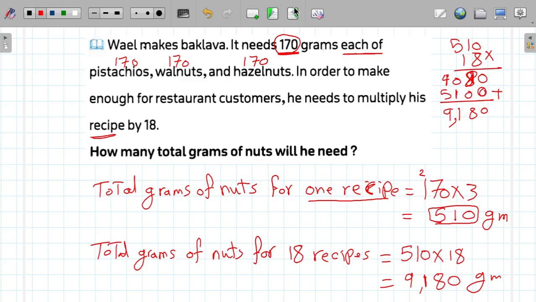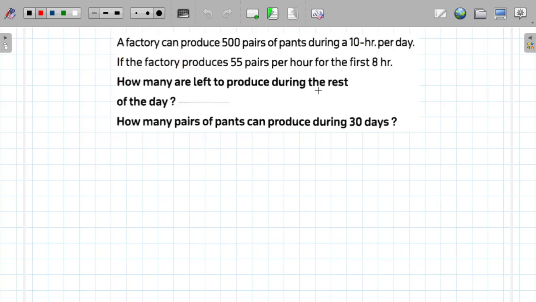Okay, next, and the last example with us today, I have a factory that can produce 500 pairs of pants during a 10-hour day.